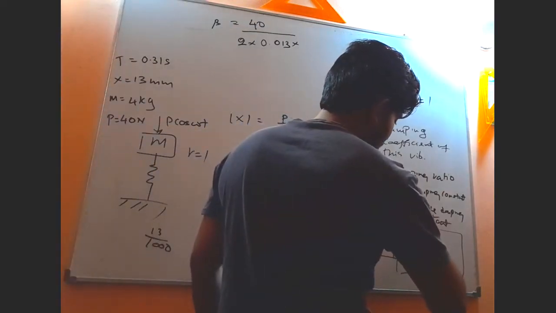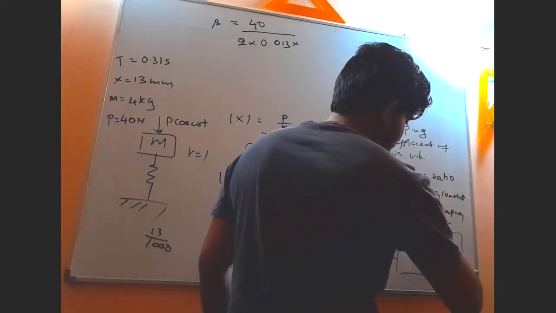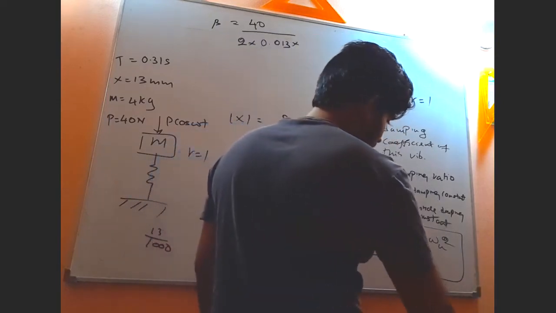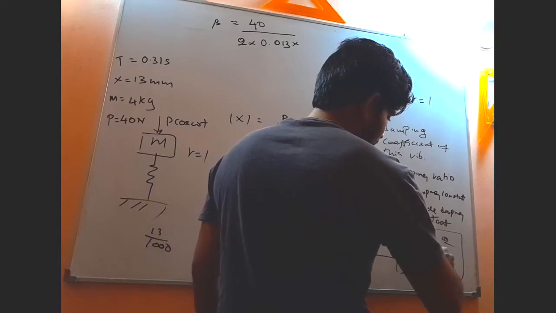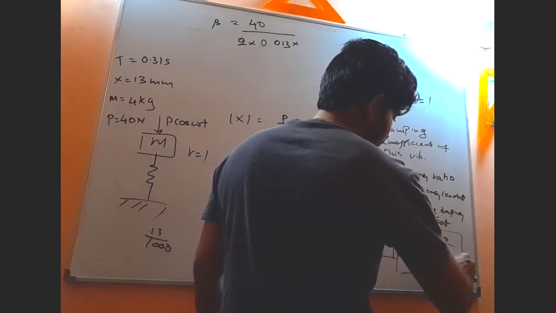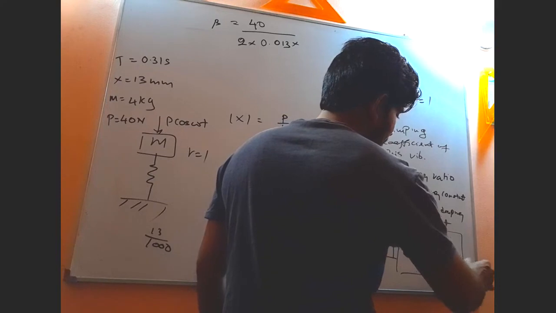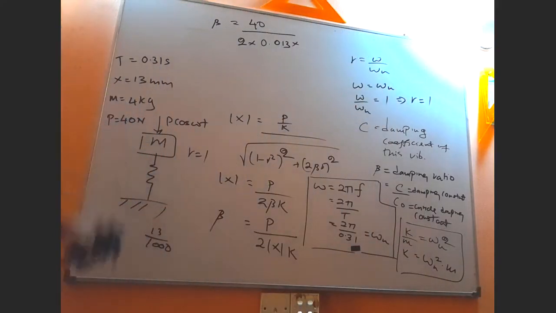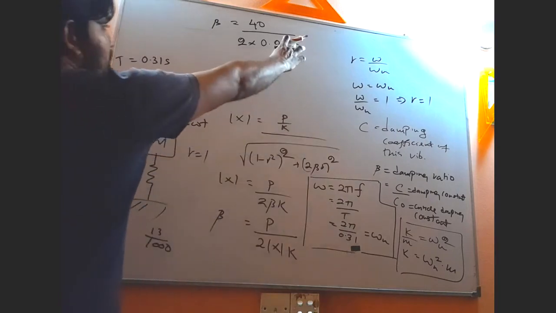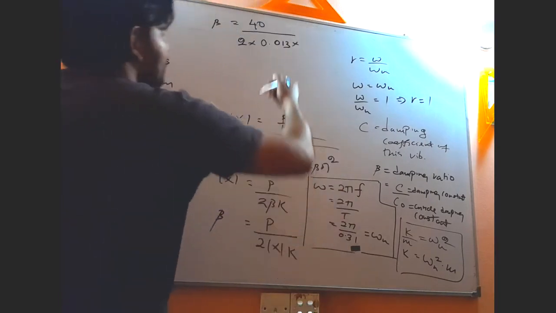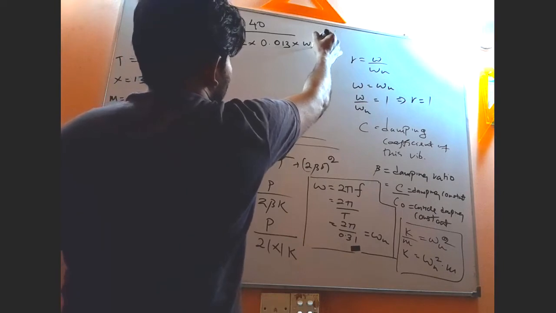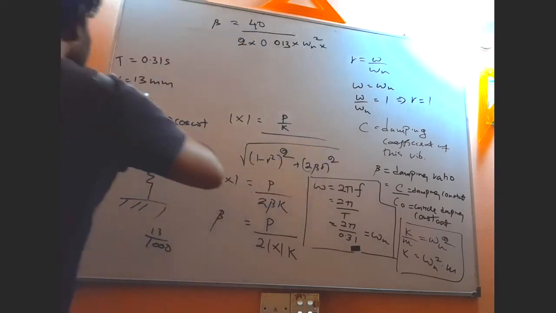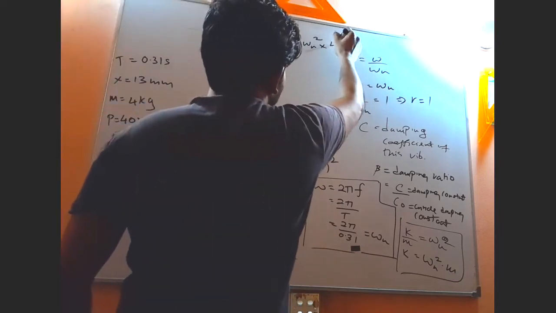That means K equals omega n squared times M. M is the mass of this system. So now the missing part is K, and that is omega n squared times the mass. What is the mass? 4 kilograms.